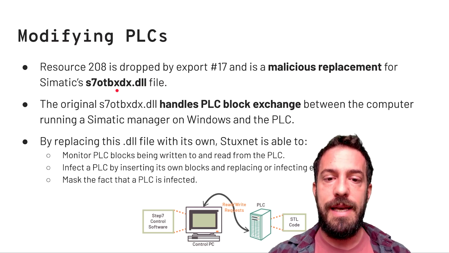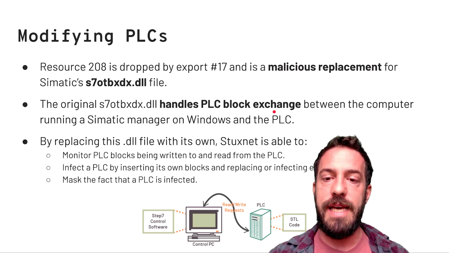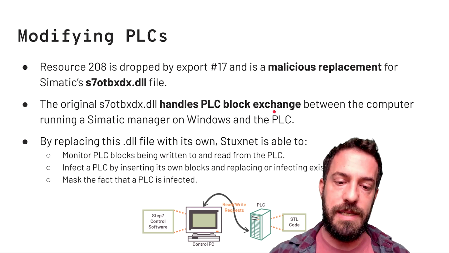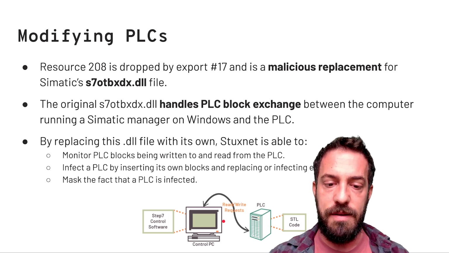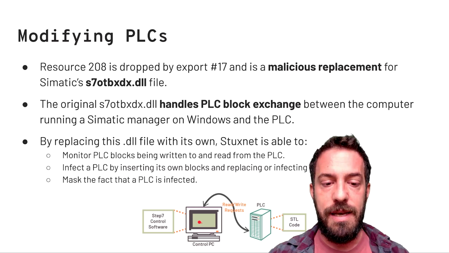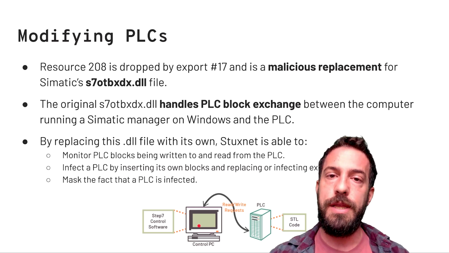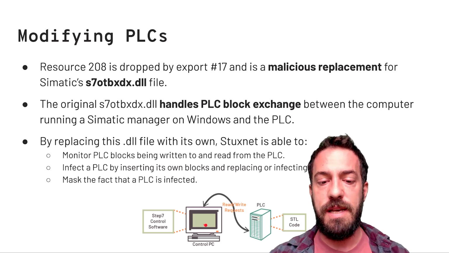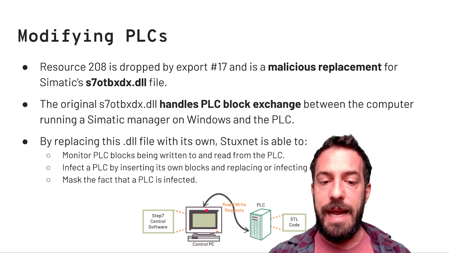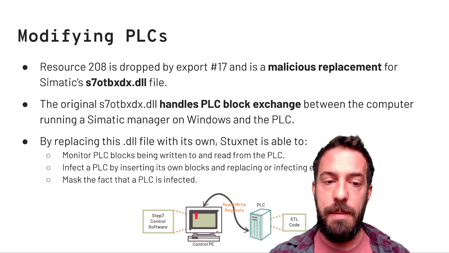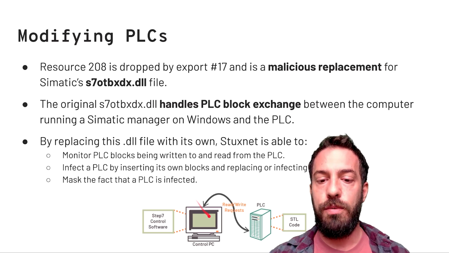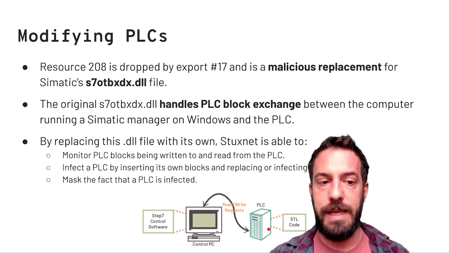This file handles the PLC block exchange between the computer and the PLC. So in the figure at the bottom of the slide, you have the PC, the Windows machine that runs the Step 7 control software, and this communication between the PC and the PLC would happen through this DLL file.